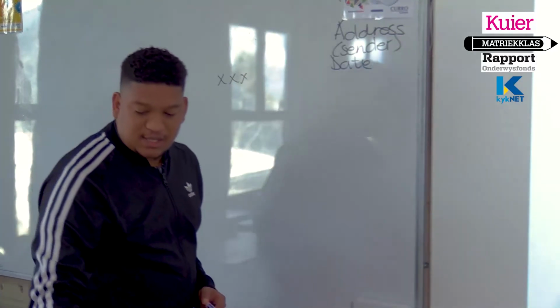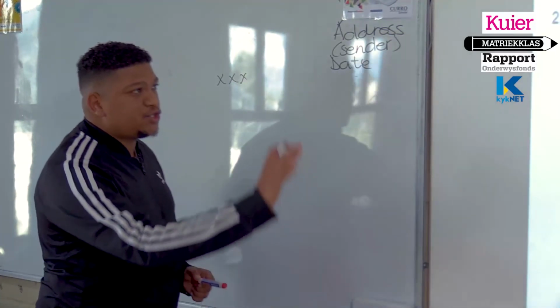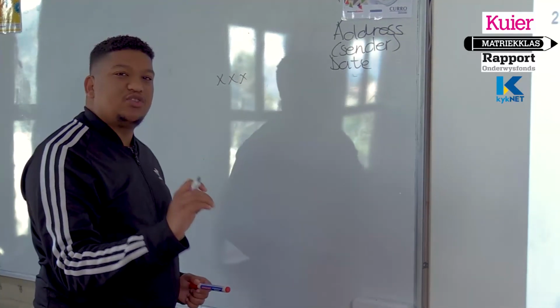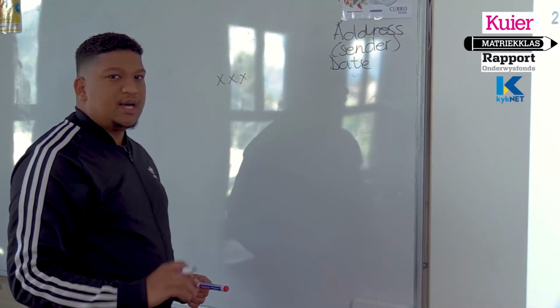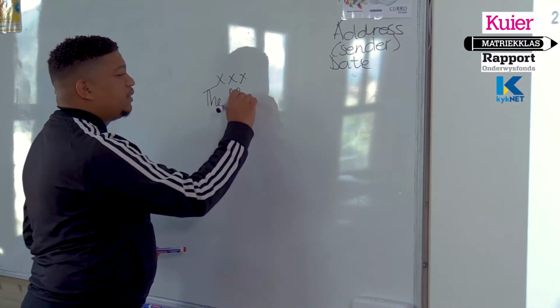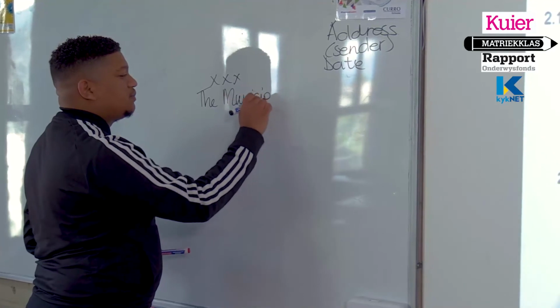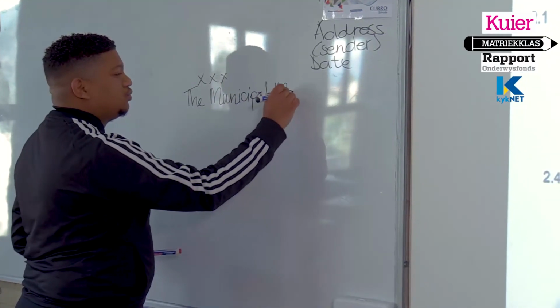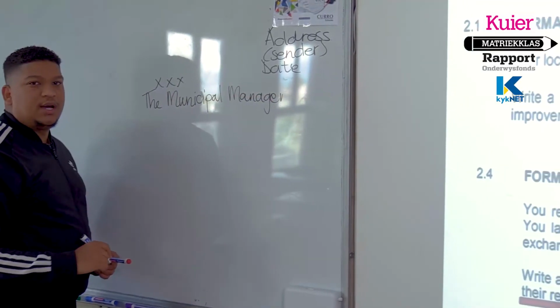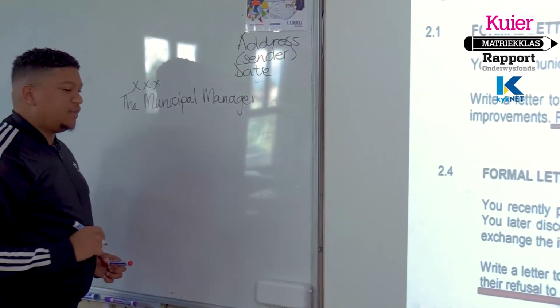So on the next slide, we see there are two different letters, but the one speaks of writing a letter to the municipal manager. So let's say the municipal manager, because that is what the question paper requires you to do. Right? So we note the municipal manager. Now, which municipality?